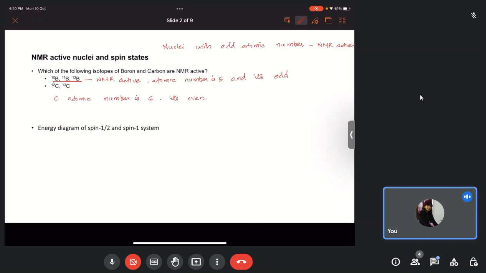So when you have nuclei with an even atomic number, if the mass number is odd, then it is NMR active.